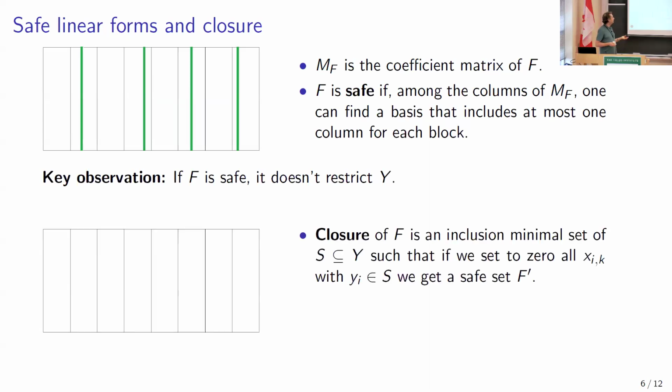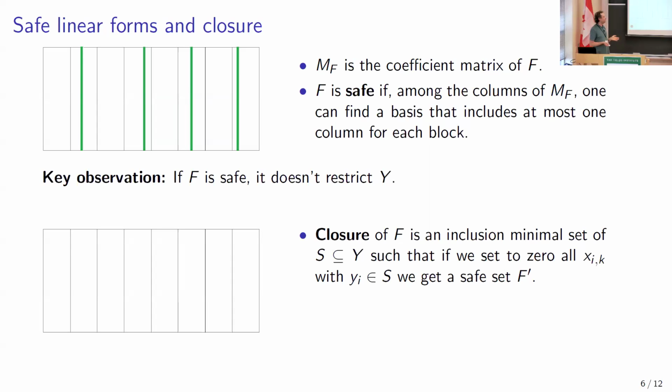Okay, and what is a closure? Now assume that F is not safe, but we try to remove several blocks from the matrix such that the resulting matrix will be safe. Removing the blocks is just substituting 0 for the variables of this block.